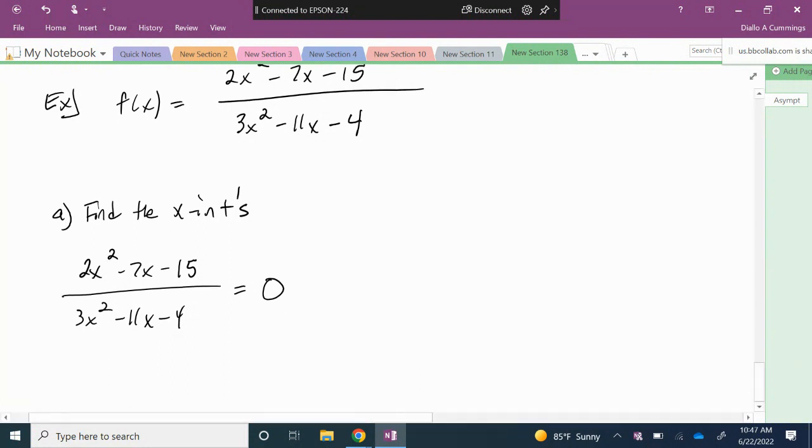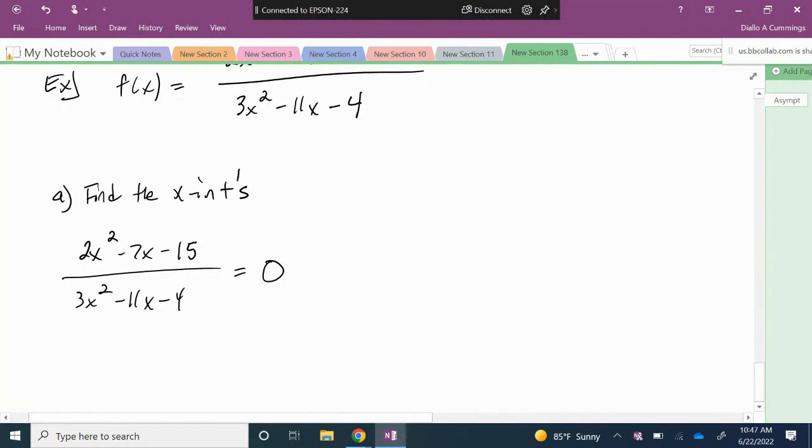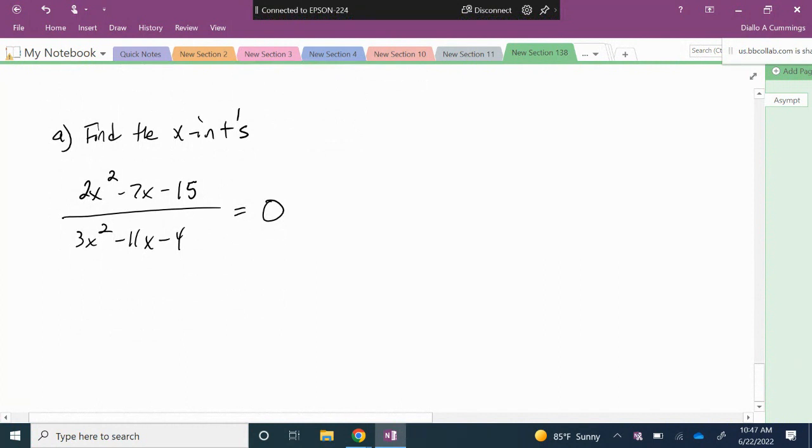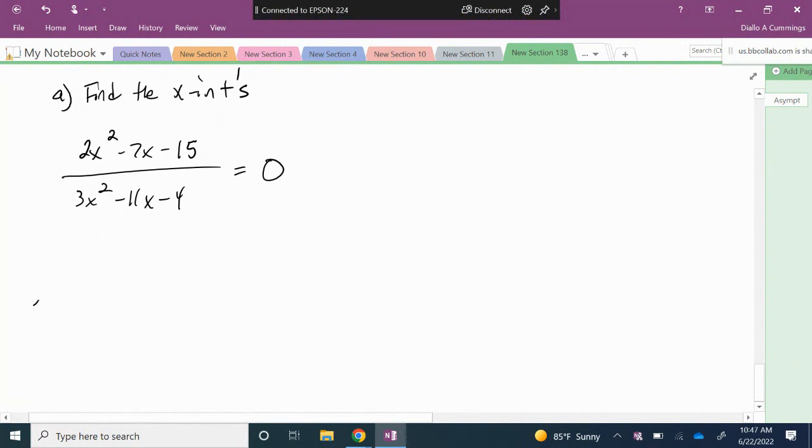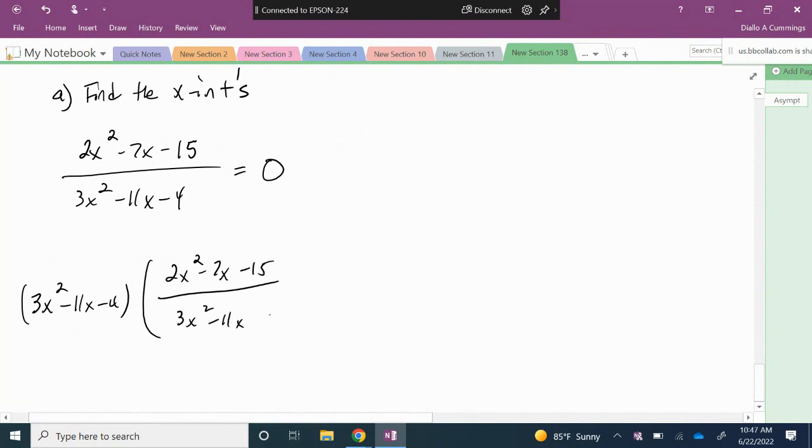Right. So as we did in the previous problem, we're going to multiply both sides by the least common denominator, which is 3x squared minus 11x minus 4. So we multiply the left-hand side by the least common denominator, and we also multiply the right-hand side by the least common denominator.